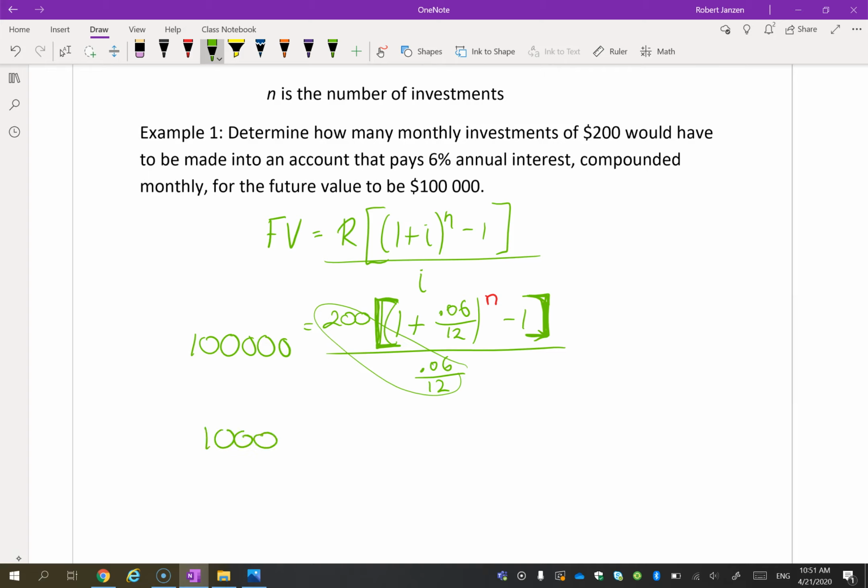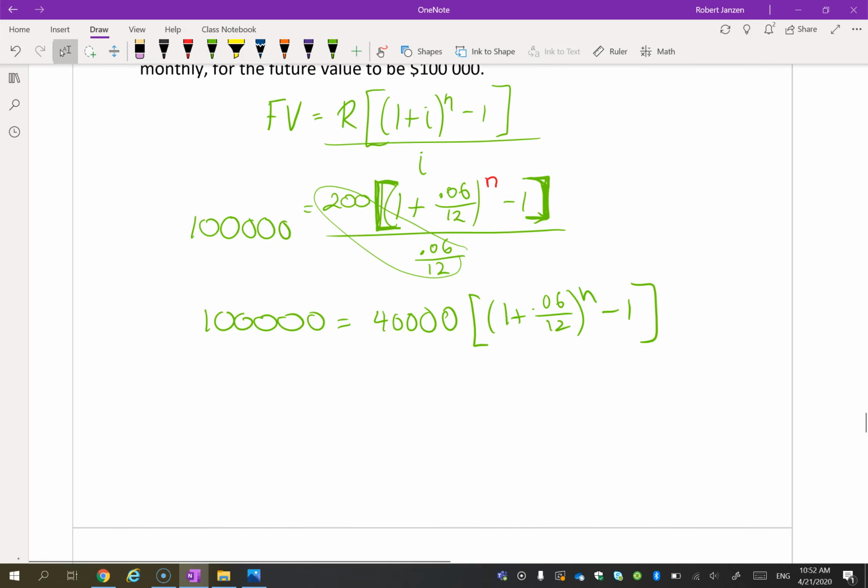So I'm going to write 100,000 is 4,000 times the bracket of 1 plus 0.06 divided by 12. So I'm going to divide by 40,000. Okay, so I think this is going to be 2.5. Let's just make sure. 100,000 divided by 40,000, 2.5.